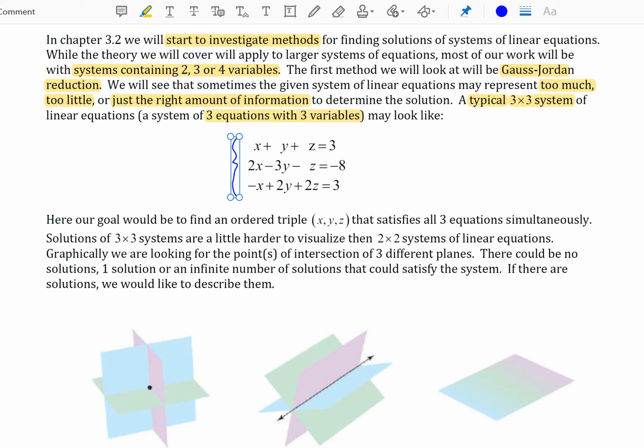Here, our goal would be to find an ordered triple, x, y, z, that satisfies all 3 equations simultaneously. Solutions of 3x3 systems are a little harder to visualize than 2x2 systems of linear equations, but looking at it will help us with an anticipation of what we should be looking for algebraically.